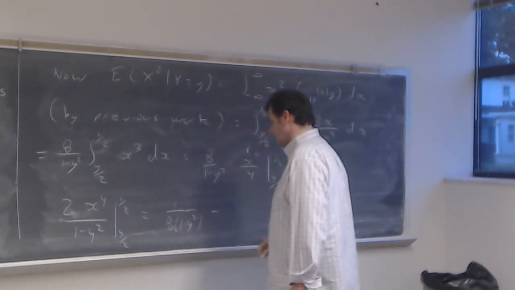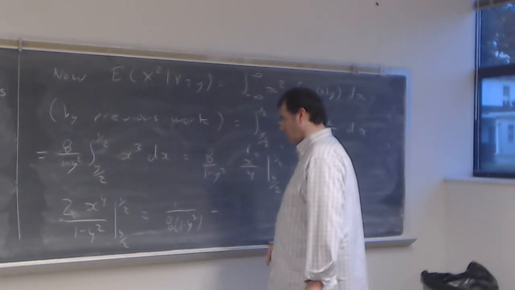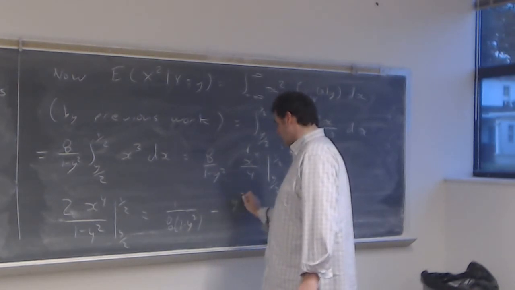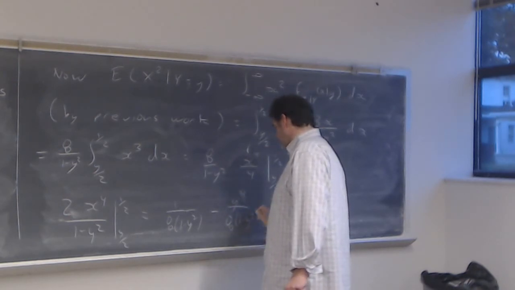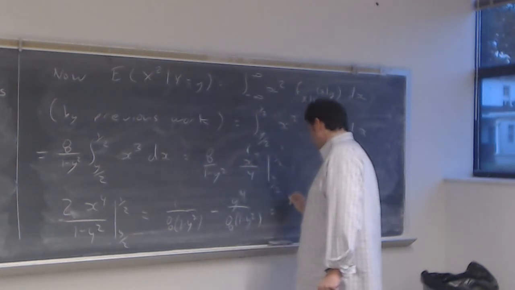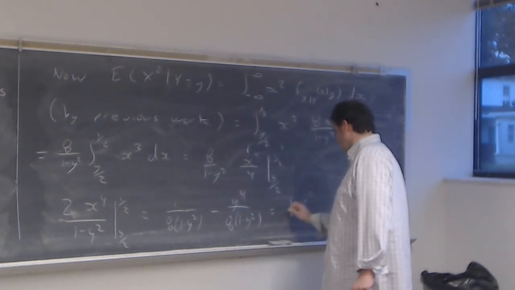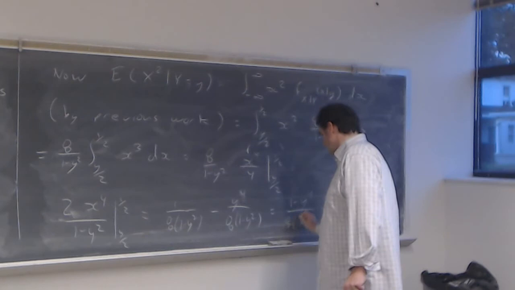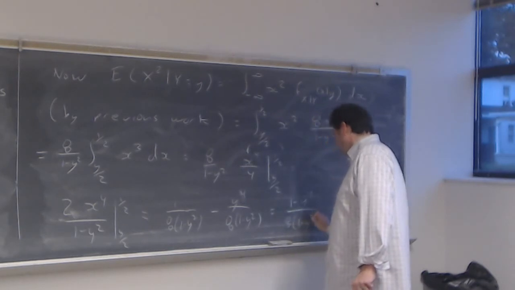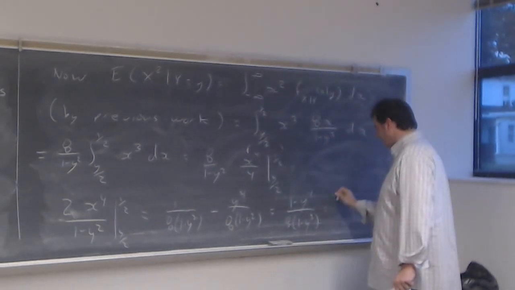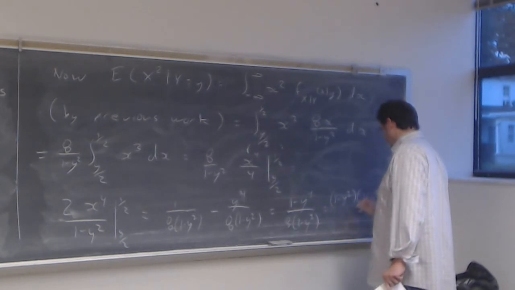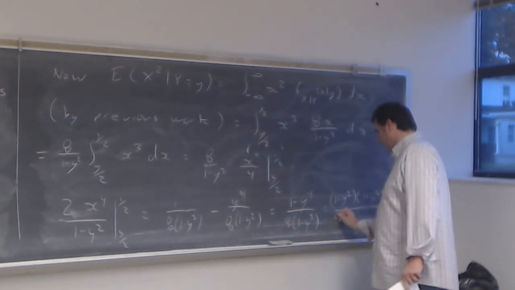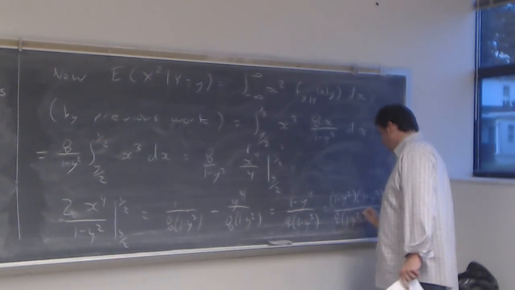And then minus, when you stick in y over 2, again, you get y to the 4th over 8 times 1 minus y squared. Now, that ends up being 1 minus y to the 4th over 8 times 1 minus y squared. The top factors as 1 minus y squared times 1 plus y squared over 8 times 1 minus y squared.